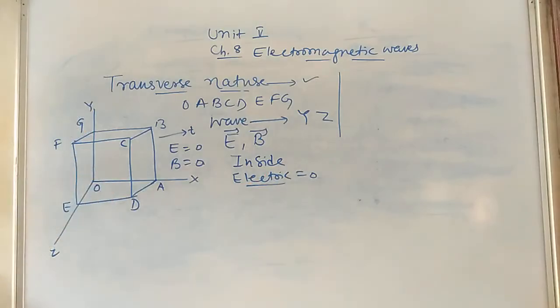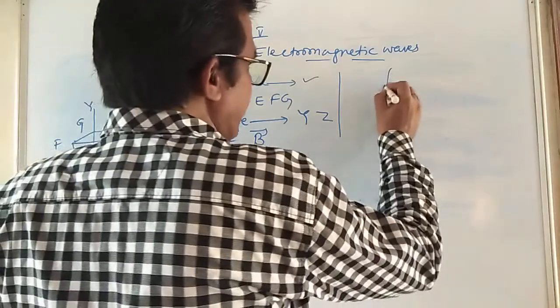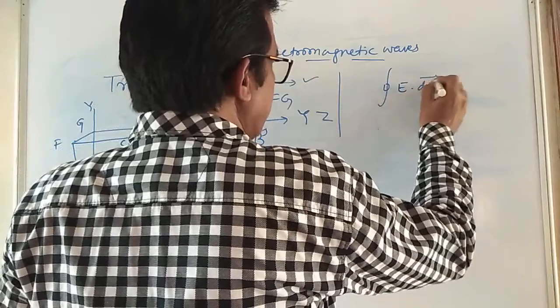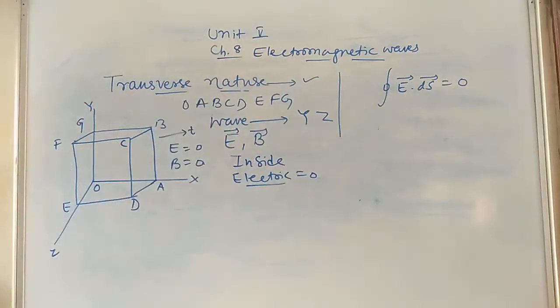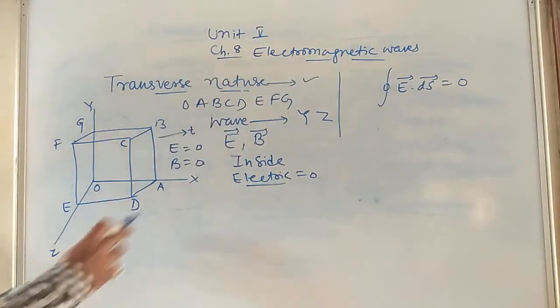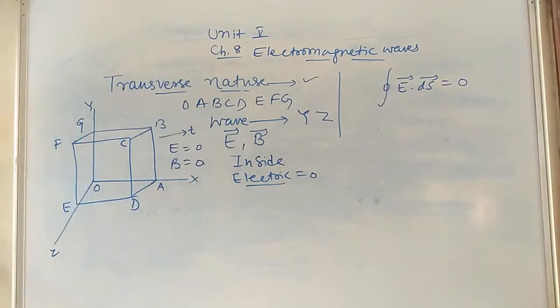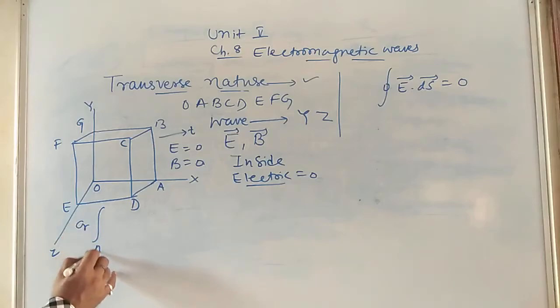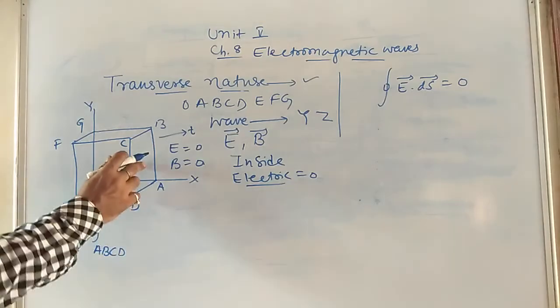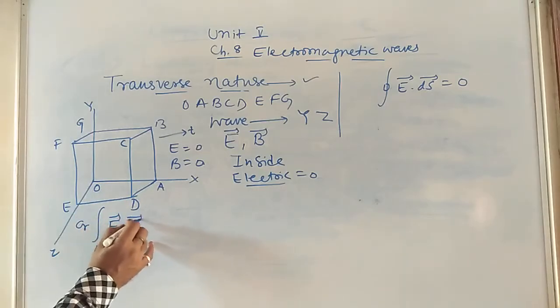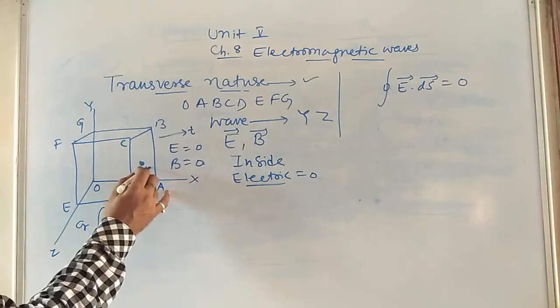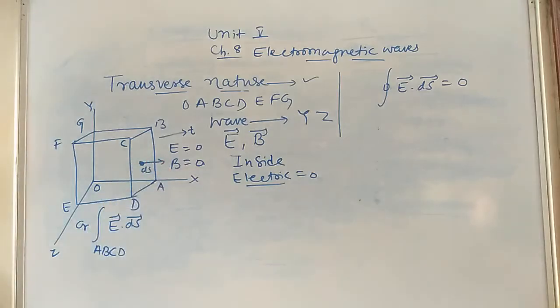So according to the Gauss law, what is our Gauss law? That is the integral of E dot ds, and there is no charge, so that is 0. For all the faces, first the face A, B, C, D. The electric field E and the small element of area ds, the direction of E and ds both are the same here.